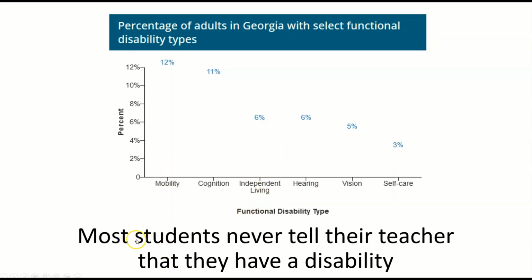But look at the bottom. Most students never tell their teacher they have a disability. And you don't know diversity just by looking at your class. There's different kinds of diversity, cultural diversity, diversity meaning people with disabilities, just all kinds. You will have a lot of people with diversity in your classroom.